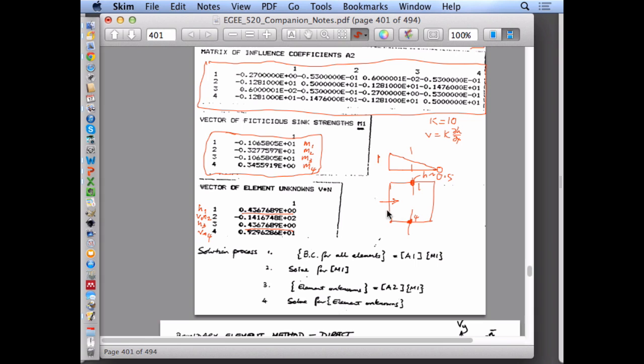And of course, if that's the case, then this velocity should be 10, and this velocity should be 10. This is the normal to the boundary, outward normal. This is the normal to the boundary, outward normal. So this would be minus 10, because it's in the opposite direction to the normal. And so that's this value here, minus 14.